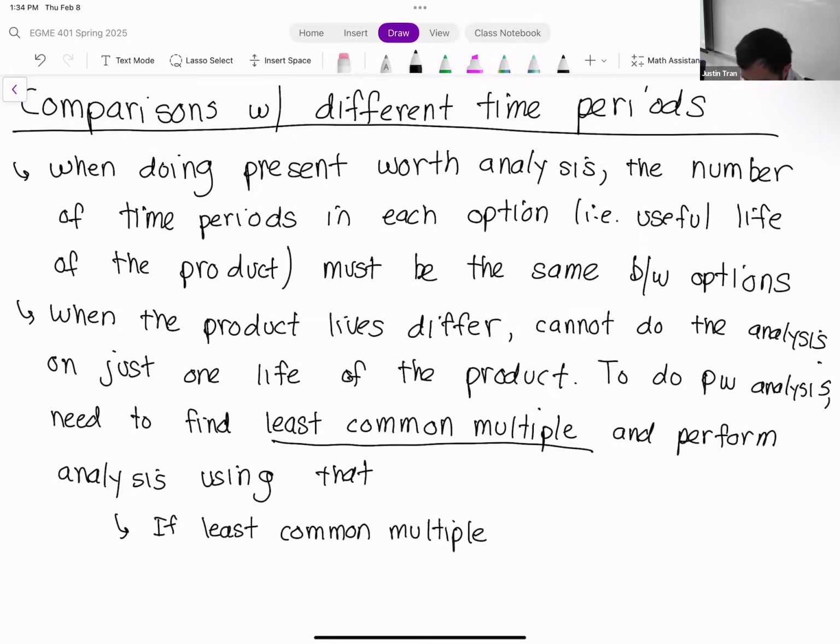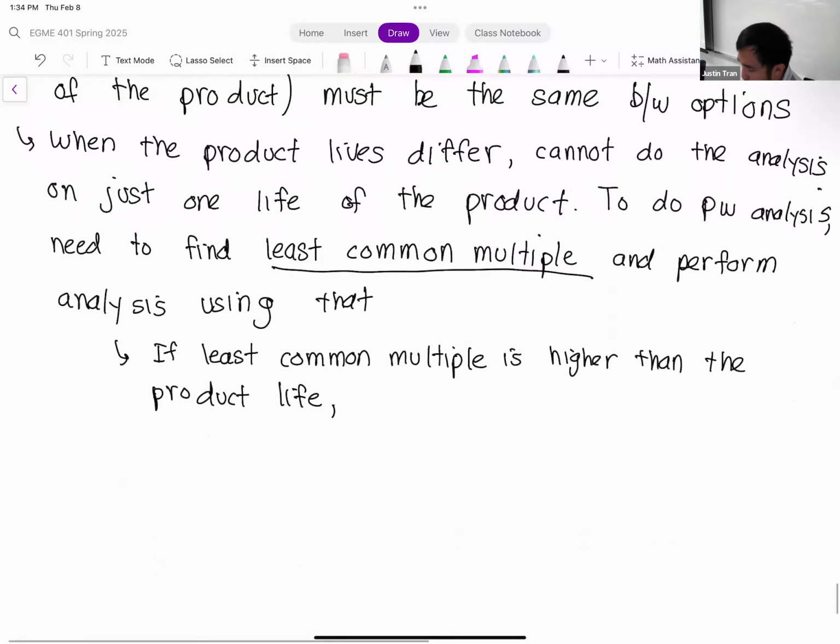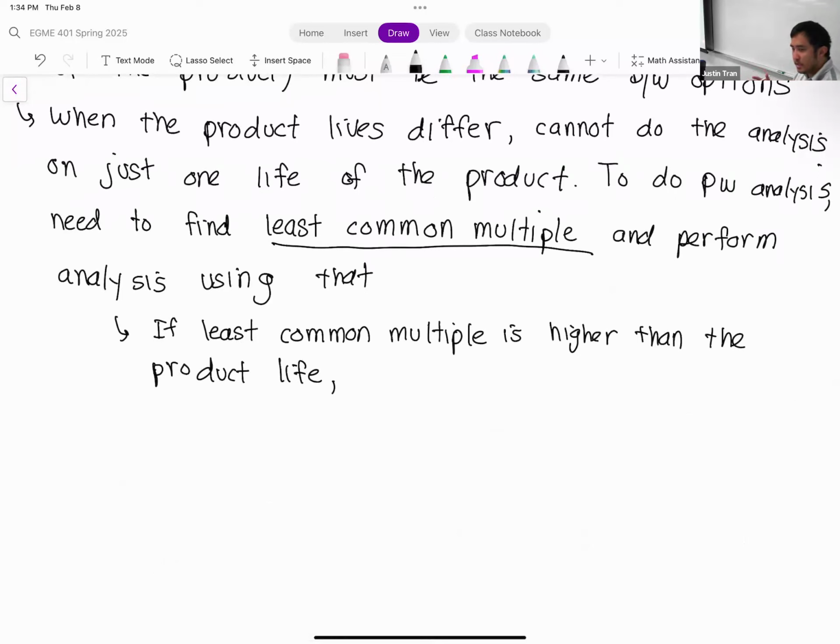And so if the least common multiple is higher, what you need to do at that point is that once a product reaches its end of life, we're going to assume that we buy a replacement at the same cost, whenever it ends.